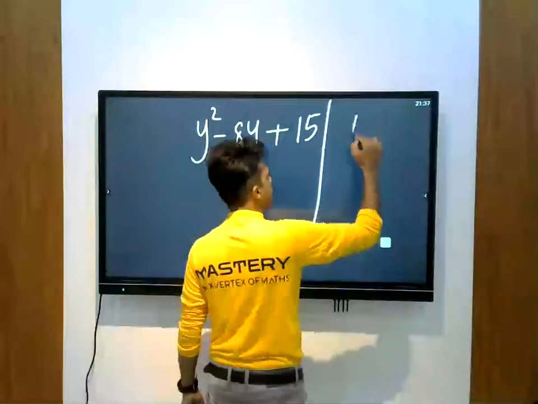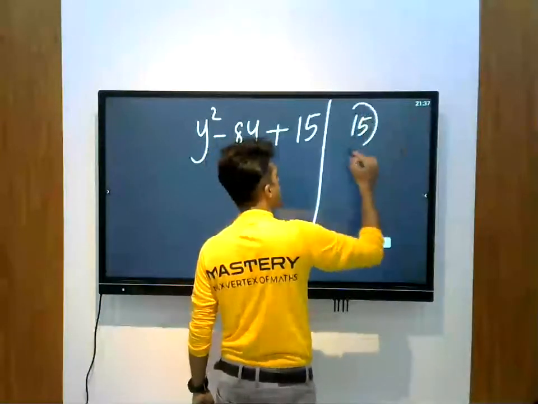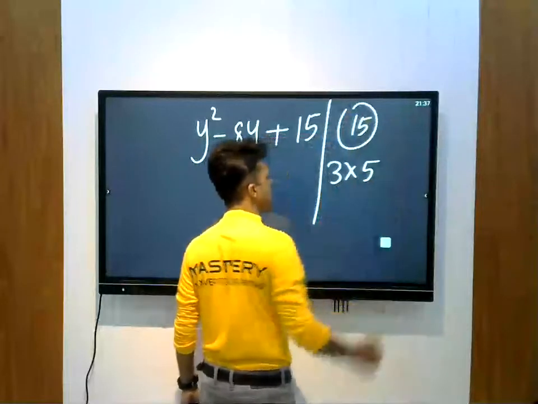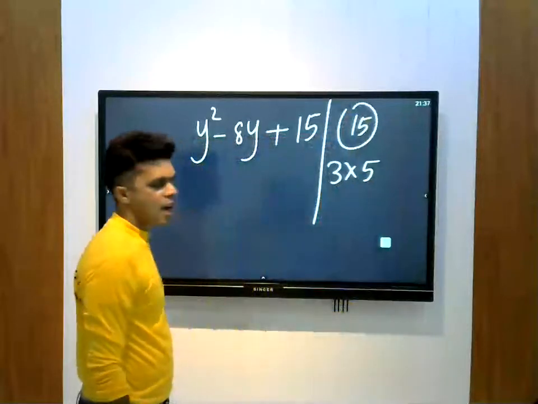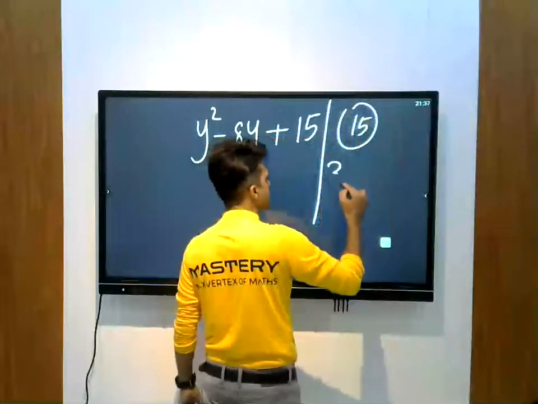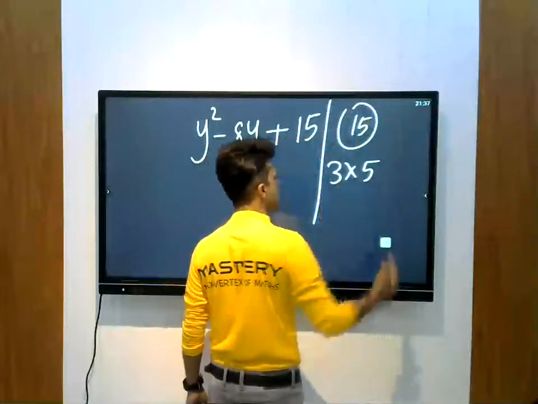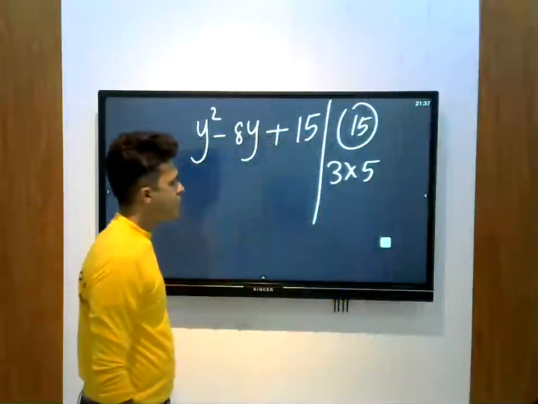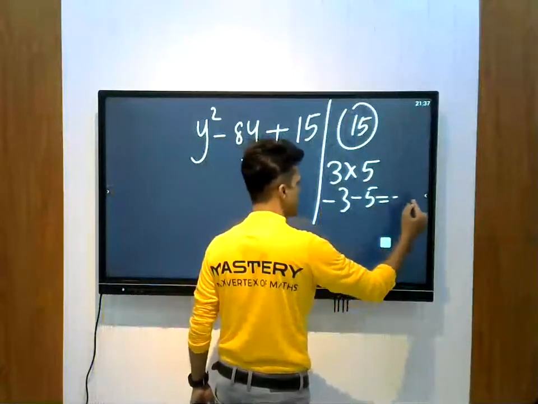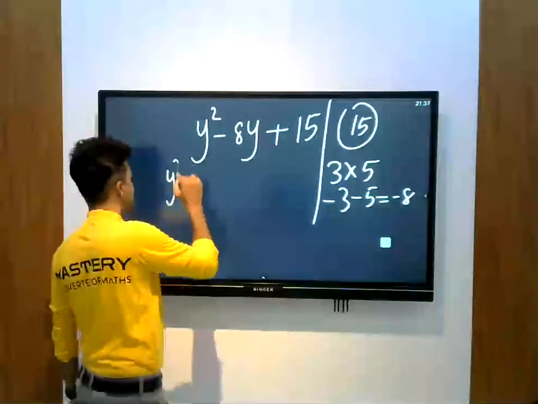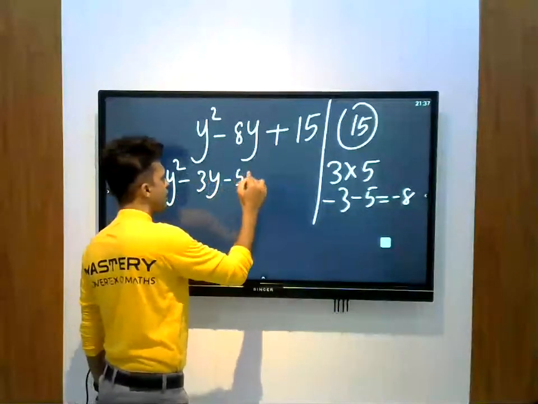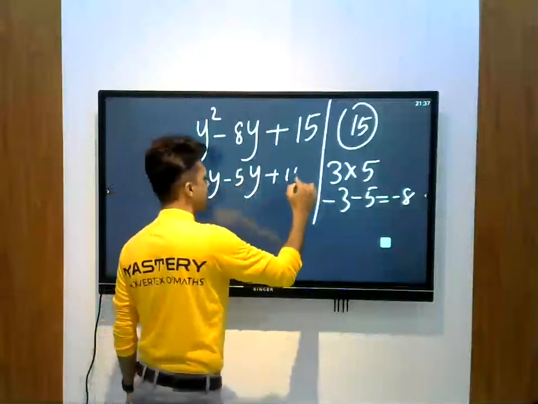You could get the factors of 15 so that you can get 8. 3 times 5 is 15, so minus 3 minus 5 is minus 8. Right? So y squared minus 3y minus 5y plus 15.